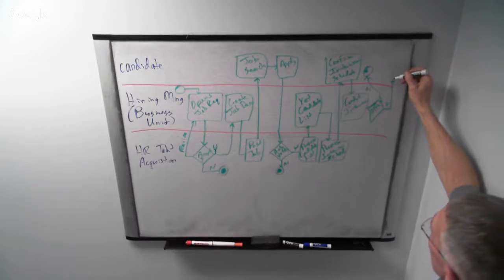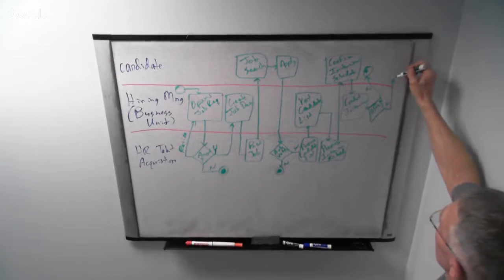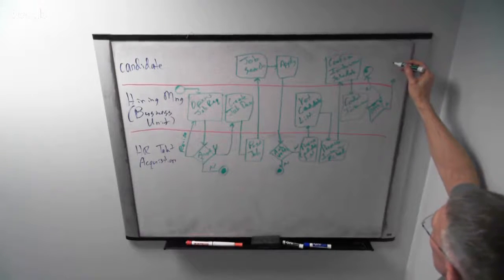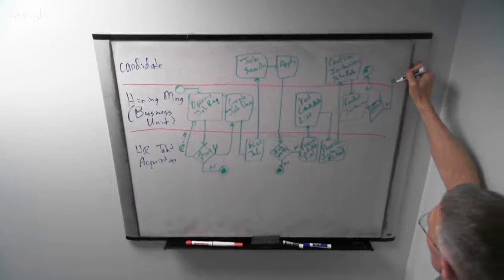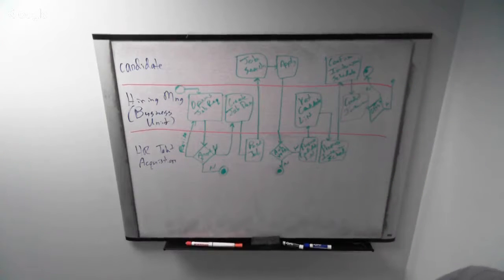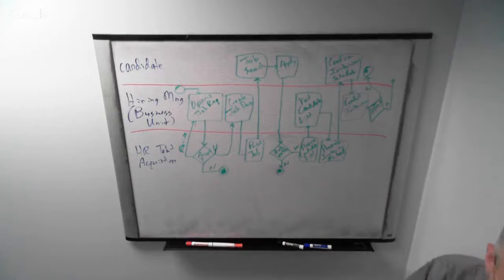Now here's the interesting part, and this is where I'm going to run out of room. So at this point, there's the offer, and the offer usually comes in terms of a formal written proposal. I drew this a little bit too quick, because HR makes the formal proposal.